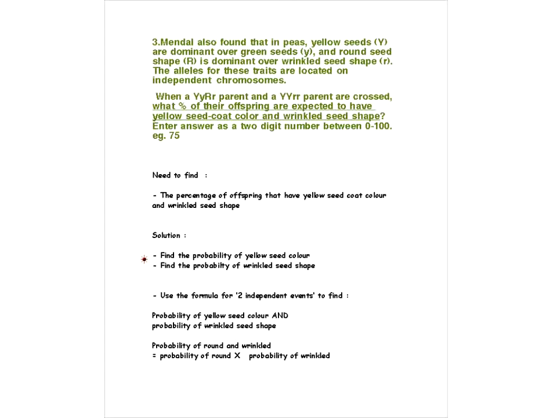So what we need to do is we need to find the probability of having yellow seed color, and we need to find the probability of wrinkled seed shape, and then we need to use the formula for 2 independent events. Now if you think about it this way, finding yellow seed color and finding wrinkled seed shape are 2 independent events, just like if you were to say roll a dice and then flip a coin.